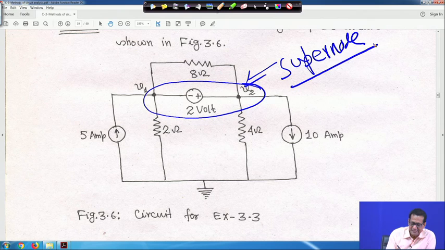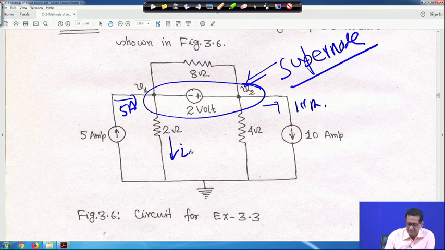The 5 ampere current is entering the super node, and the 10 ampere current is leaving the super node. The current at node 1, say I1, is also leaving the super node, and the current at node 2 is I2.